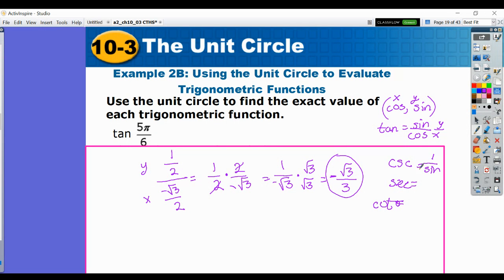So if the fraction's 1/2 for sine, then it's going to be 2 over 1 or just 2 for cosecant. Secant is cosine flipped over, 1 over cosine. And cotangent is tangent flipped over. So if I flip this over, then it's cosine over sine. Or you can just think about flip the y coordinate, flip the x coordinate, and this one would be x over y instead of y over x.